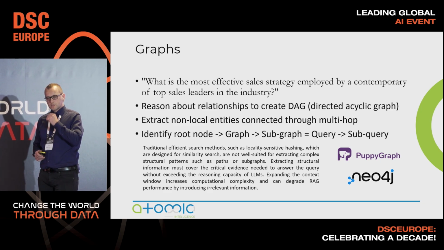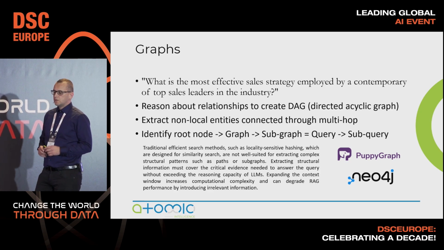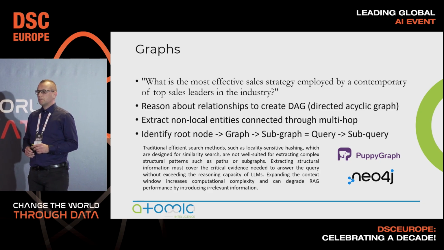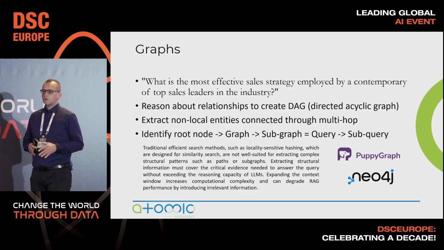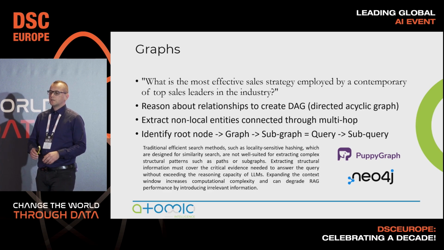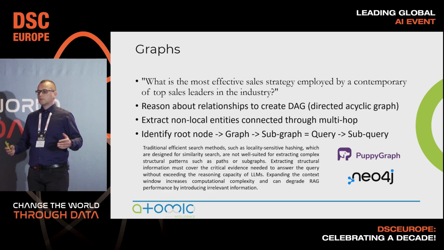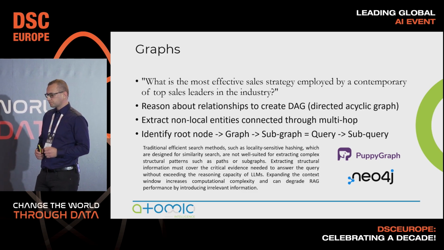Why graphs? Because they can see the global picture of the database, but can also be used to go deeper into the process, extracting subqueries, and then maybe using union to construct multiple SQL queries and stuff like that.